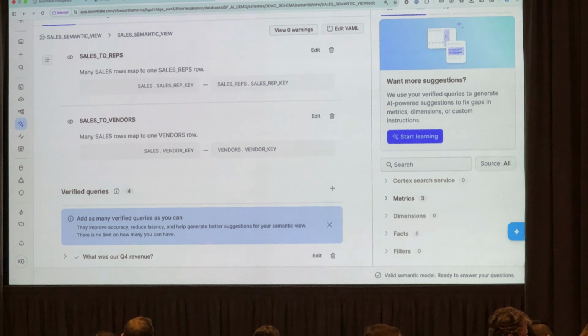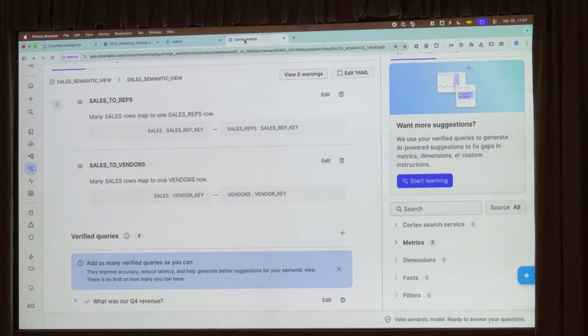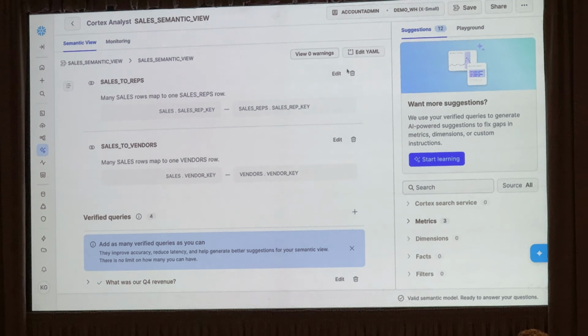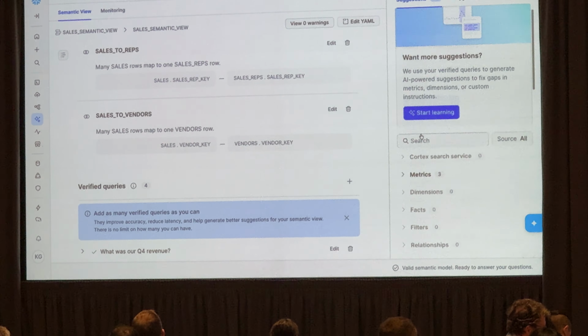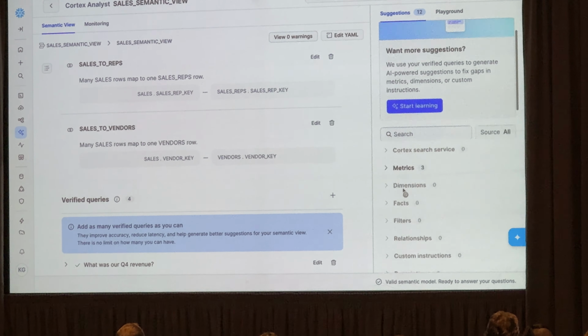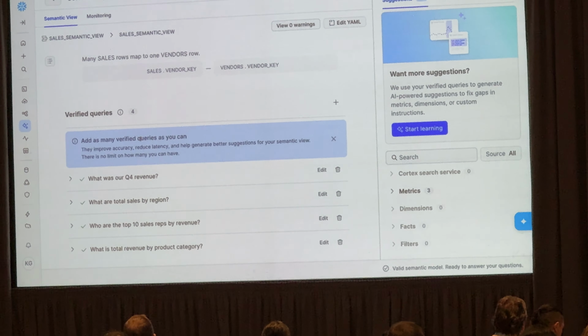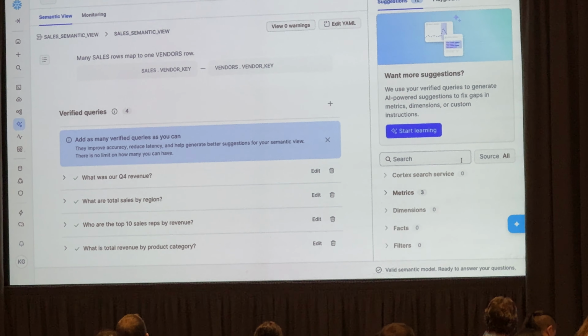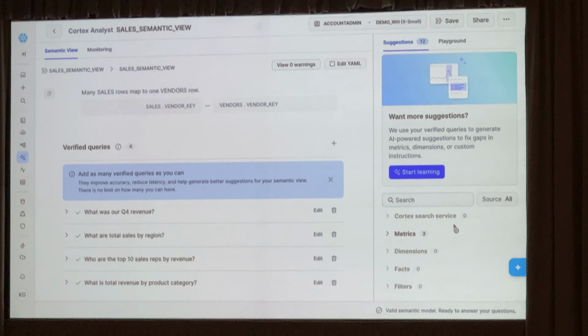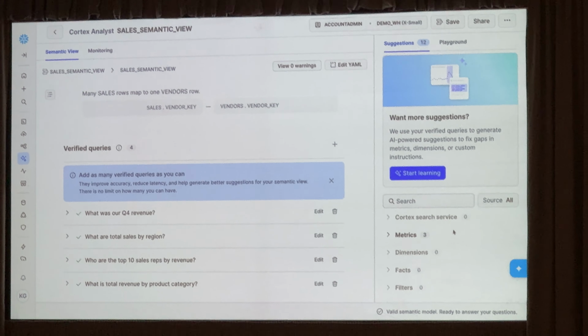And then if we look at the Cortex Analyst behind the scenes, it's providing us suggestions on what the verified queries are, and we can also look down here and see these are potential verified queries based on the usage patterns on the data.